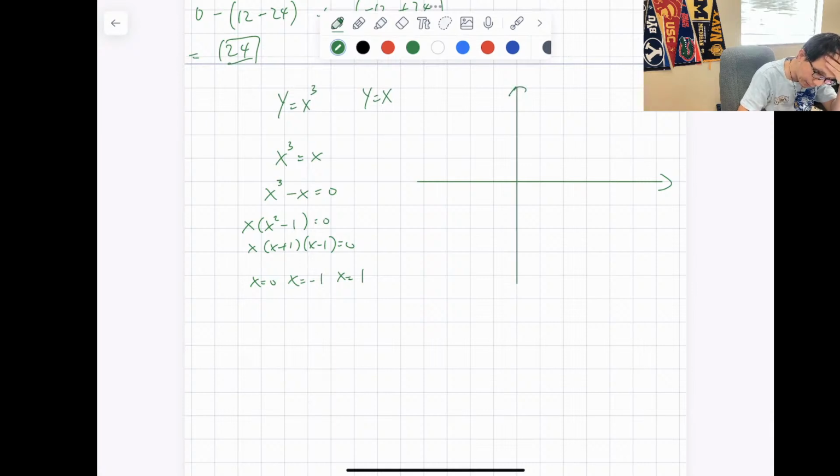it's going to be something like this. This is the x cubed graph. This is going to be here. And they're the same graph, even though they don't look the same.